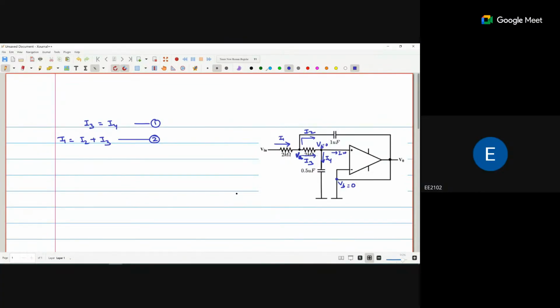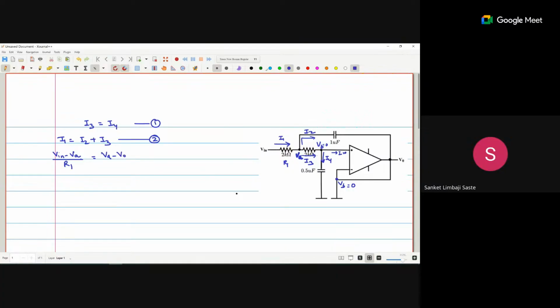Now I1 is equal to I2 plus I3. So what is I1? I1 is (Vin minus VA) divided by R1. What is I2?